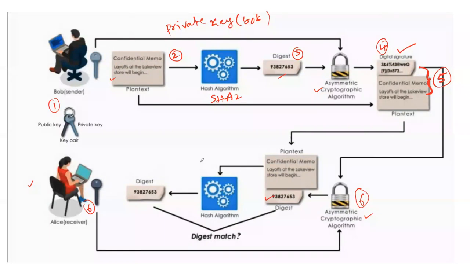Right? And from the entire message along with the digital signature, the digest is generated from the digital signature, and the plain text is there. Now the plain text is given to the same hash function which is used by the sender, that is SHA2. Then this hash function generates what? Digest.